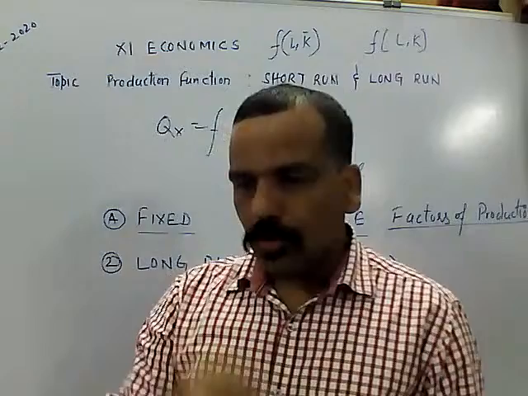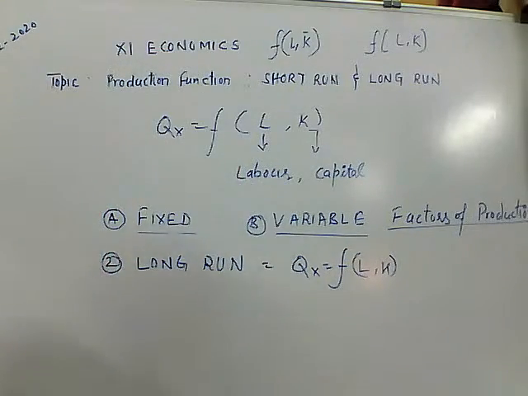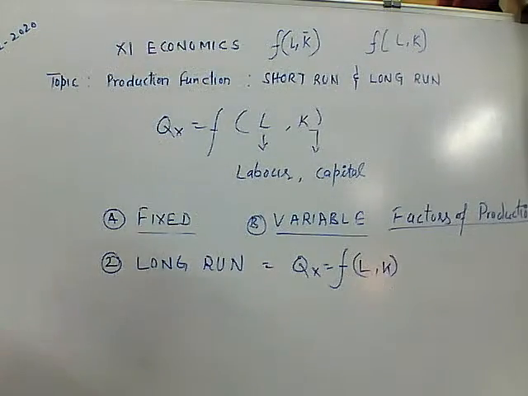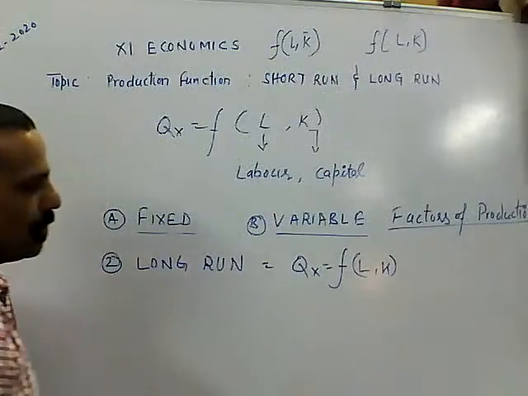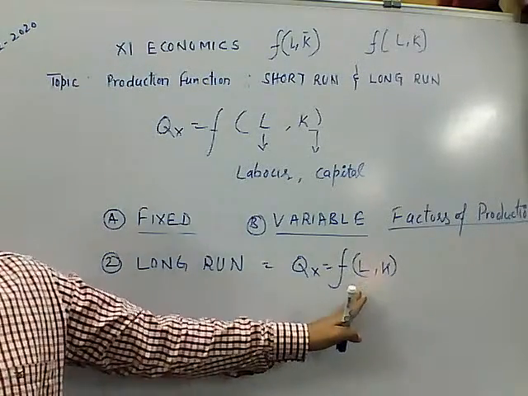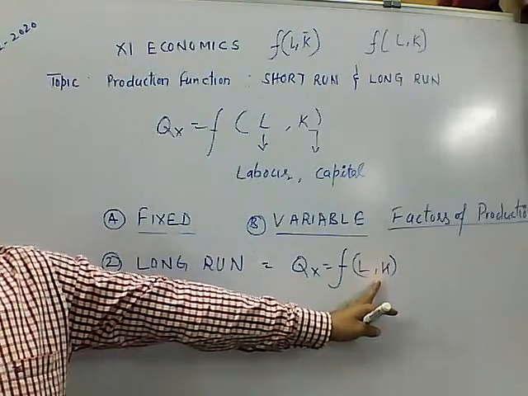So things are changing very fast in the economy. So in the long run, all the factors of production are variable. Labor is variable, no doubt, and capital is also variable.